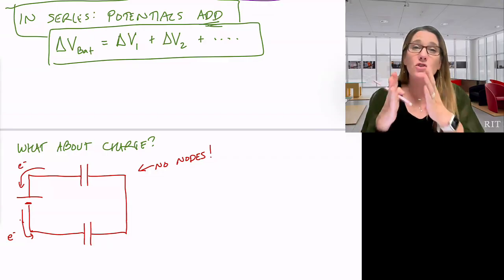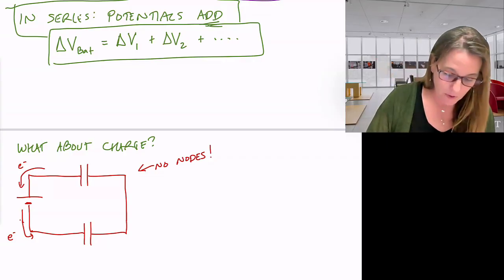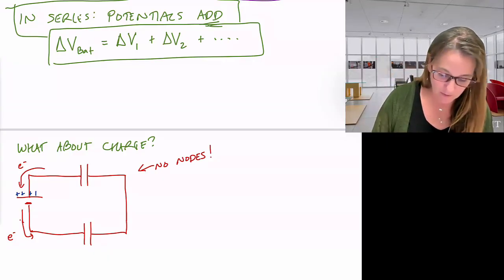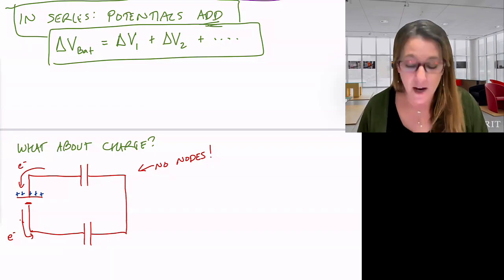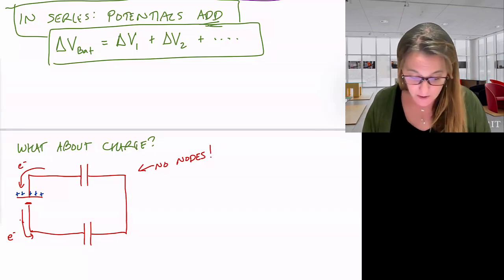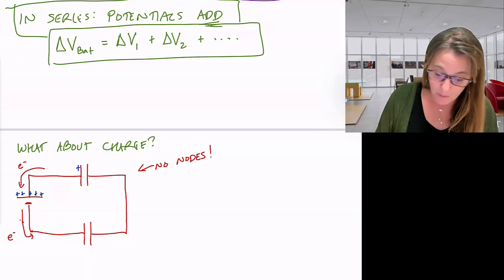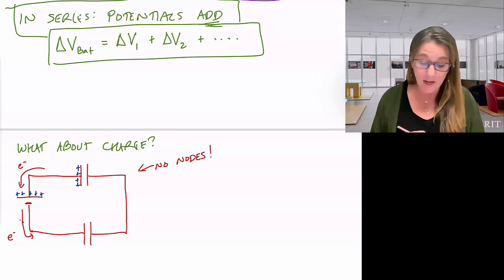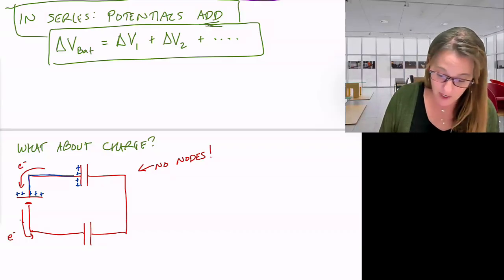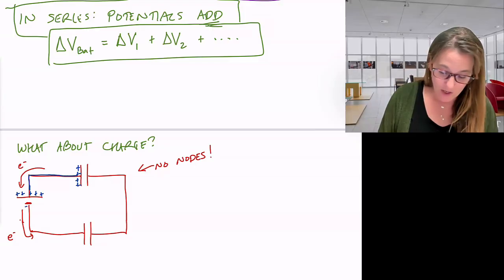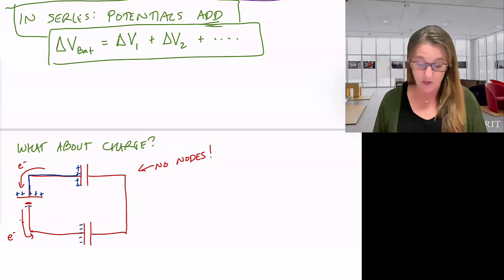Now with capacitors, they don't actually jump across the gap. So let's imagine what's going to happen. If I put a positive here, and I'm going to end up with a bunch of positives there, my electrons, because all of this has to be the same potential, are going to come from the negative side and collect down here.